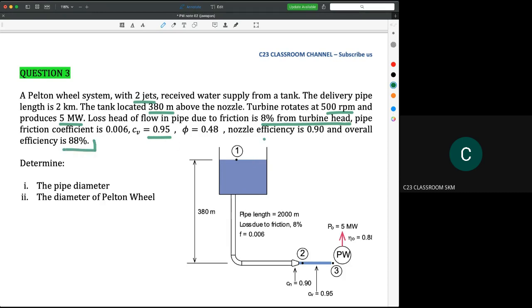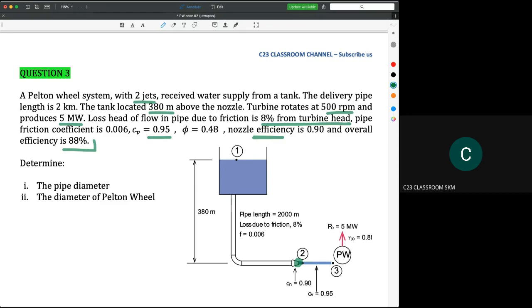So the nozzle efficiency here, we just change a little bit in terms. Efficiency means power out divided by power in. If efficiency is 100%, the power out is equal to the power in. So the nozzle efficiency means the minor loss at the nozzle.